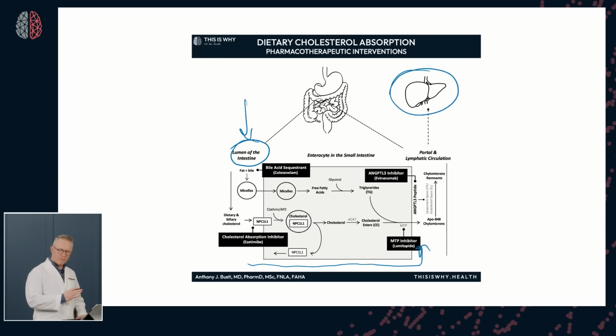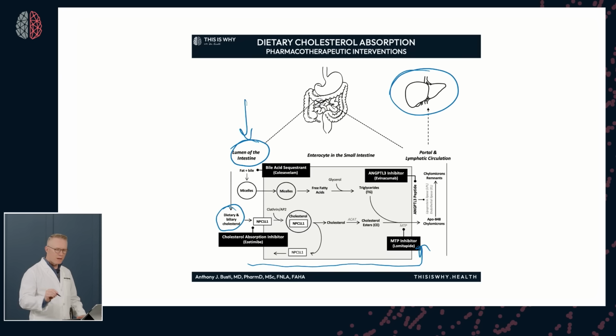As we bring that fat and food in, our body digests it. So we have bile that contributes to that, pancreatic enzymes, the acid in our stomach, all contribute to the digestive process to break them down into those essential components.